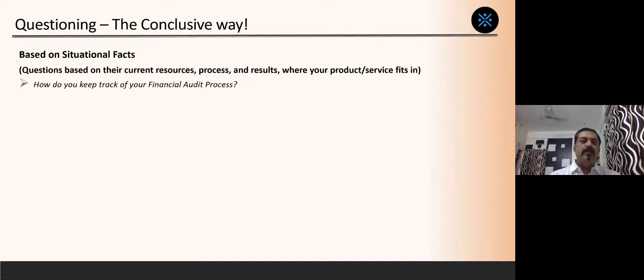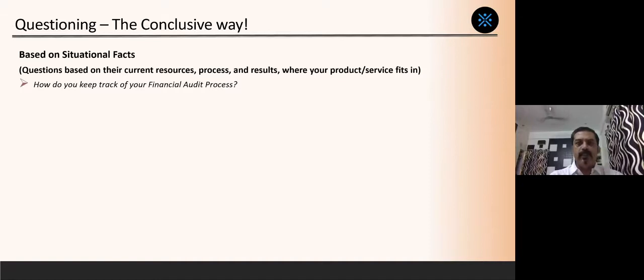One example of this, how do you keep track of your financial audit process, right? You know for sure that that particular prospect's company has to go through a financial audit process, and you're initiating a question that how do you keep track of your audit process, right? Because your solution might actually fit into a problem that he might be facing in this, right?